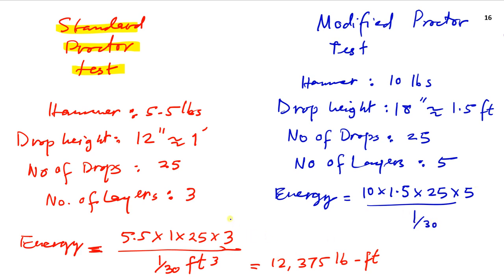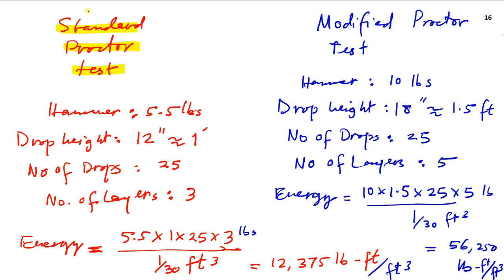On the top is pound and on the bottom is 1/30 cubic foot. When we simplify this, we are going to get 56,250 pound foot per cubic foot, because we are talking about unit volume.